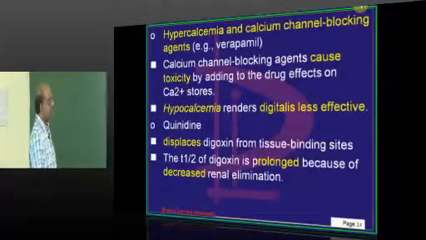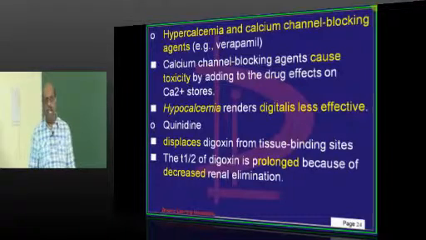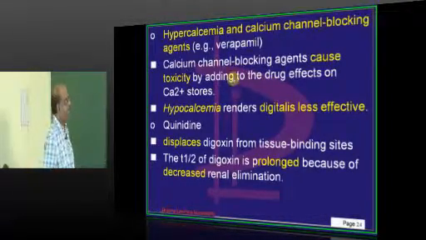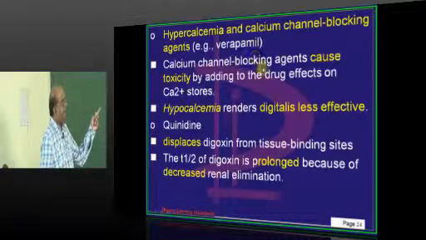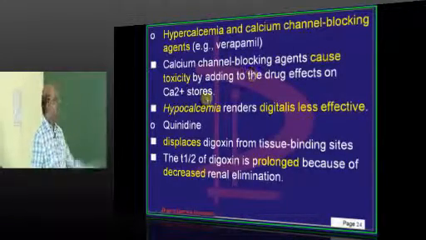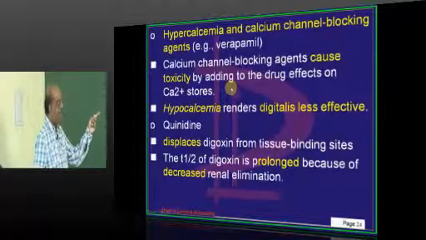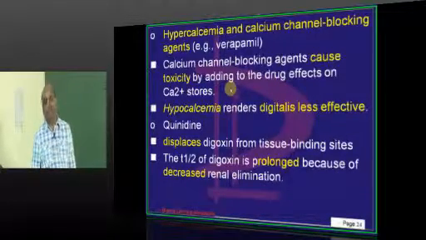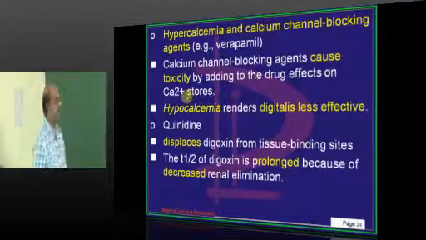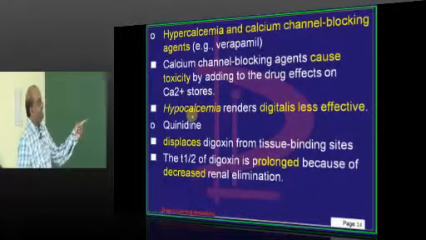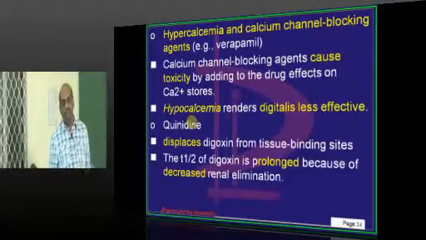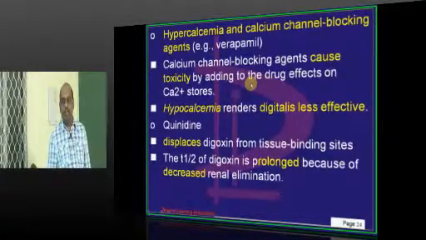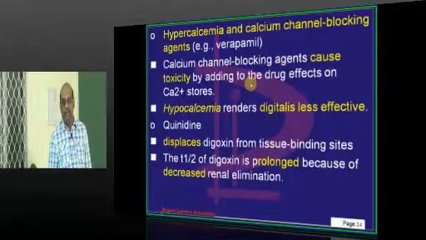Then calcium channel blocker: if the patient is taking digoxin, what is the interaction? Calcium channel blockers can cause toxicity if the patient is already taking digoxin. And if there is hypocalcemia, by the way, why will calcium channel blockers lead to digoxin toxicity?